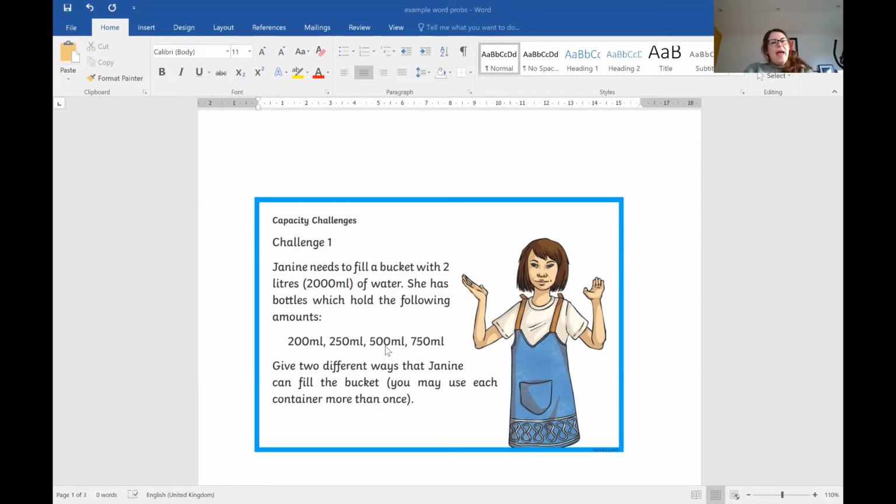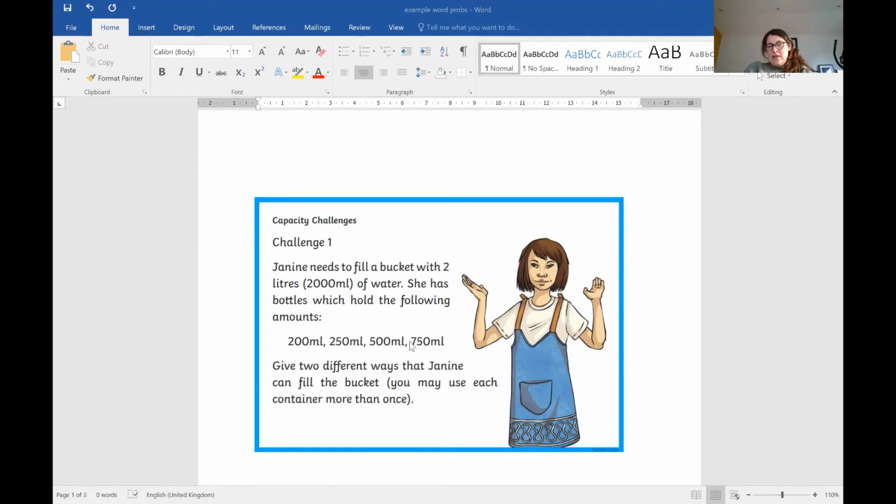Let's have a think. How else could we break this down? Straight away for me, I'm looking at this 750 millilitres and the 250 millilitres, and I know that if I put those two together, that comes from my knowledge that 75 and 25 makes 100.